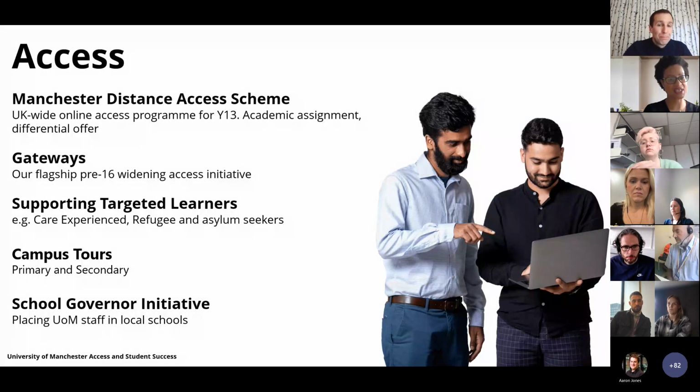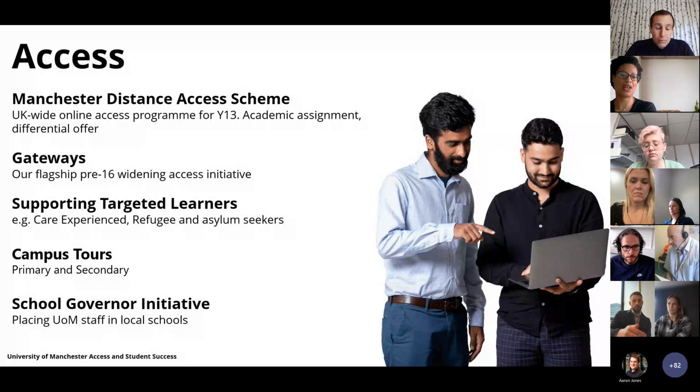We've got the Manchester Distance Access Scheme. It's an online programme for students across the country. If students complete the programme satisfactorily, they can actually get a differential offer, so they can get less than the entry tariff. Really important when you consider that the University of Manchester, as a Russell Group university, has very high entry tariffs.